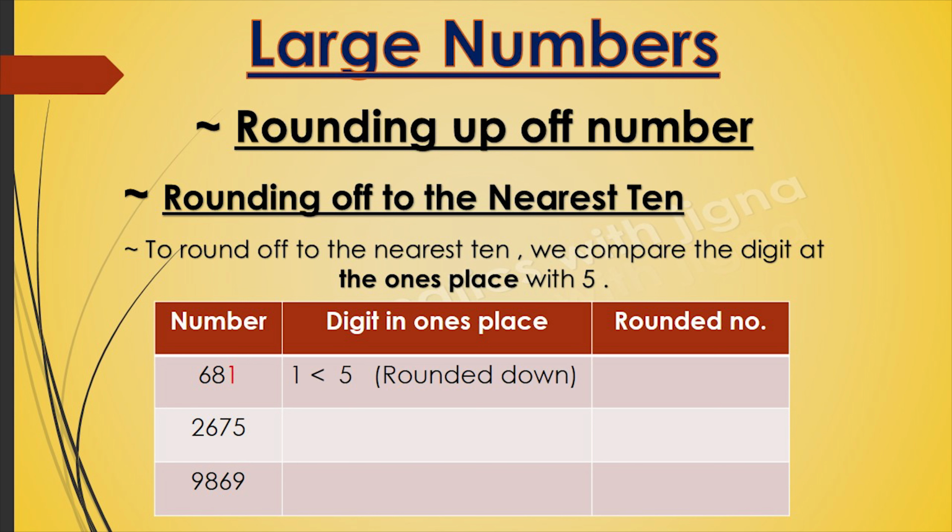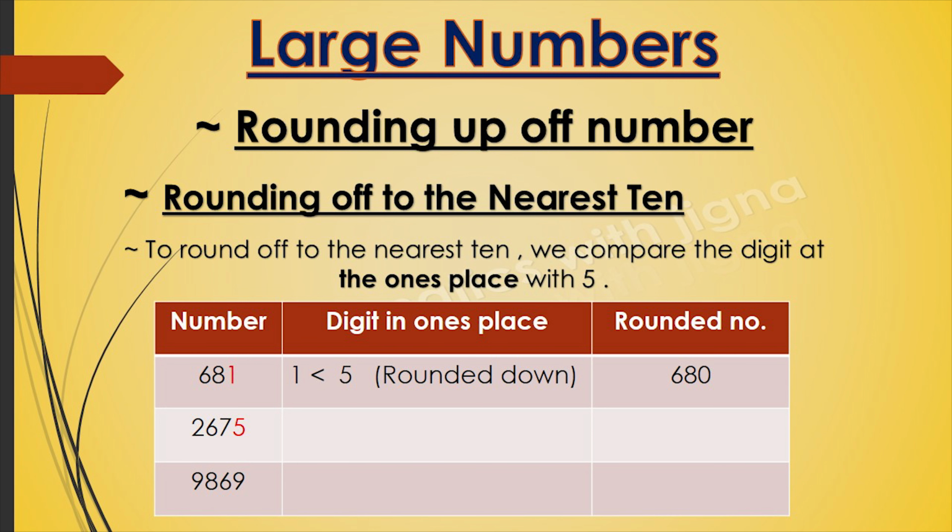So 1 is less than 5. We know that if the digit at ones place is less than 5, we round off the number by replacing the digit in the ones place by 0, and the rest of the digits remain the same. So our answer will be 680.